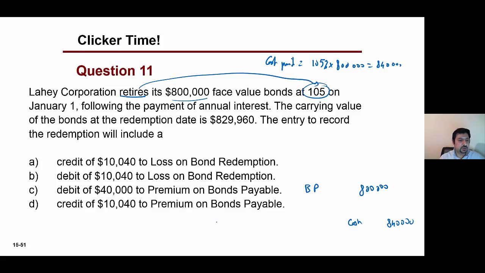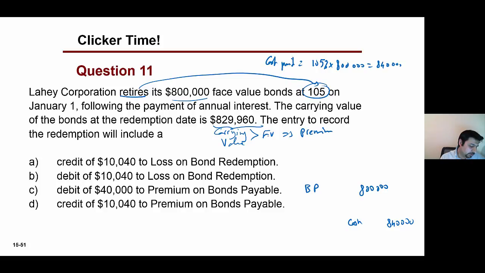In this case, it was originally purchased at a premium. Remember here that the carrying value is greater. So the carrying value is greater than face value, which is to mean it was sold at a premium.